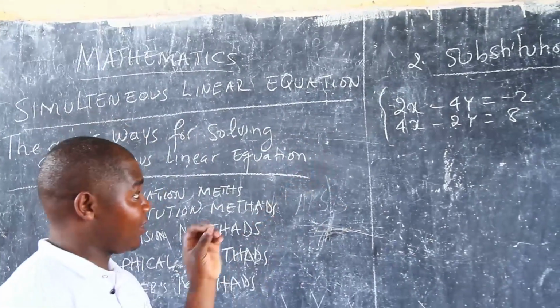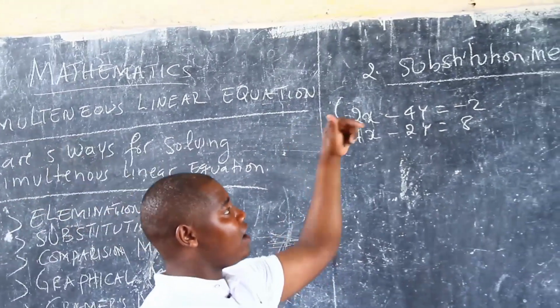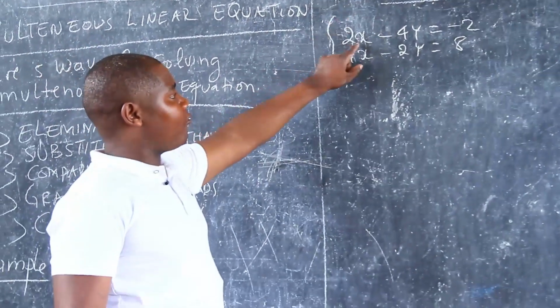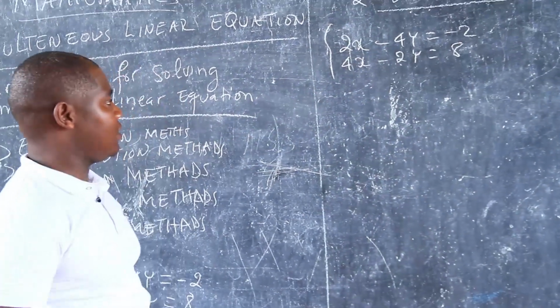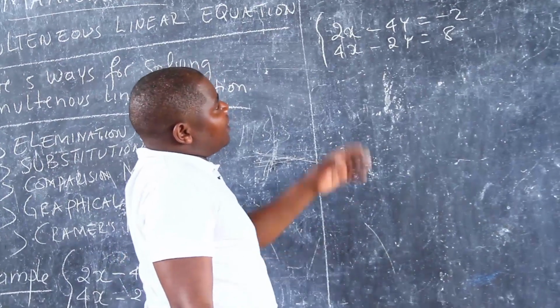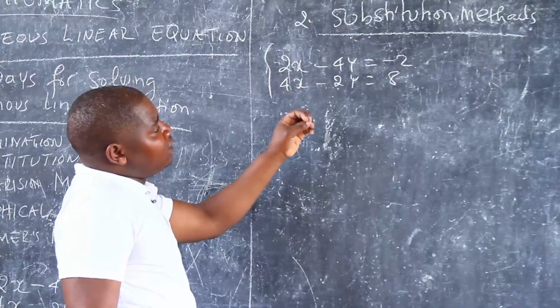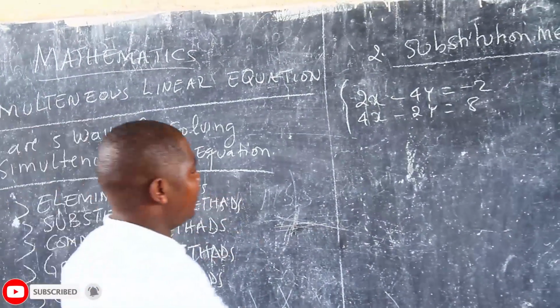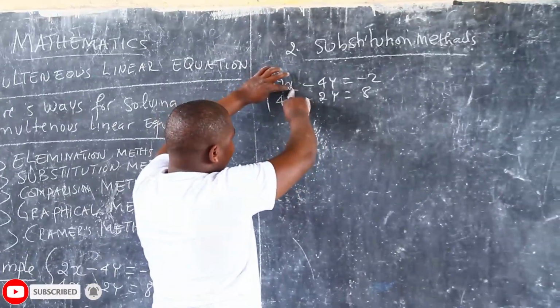The substitution method is another method which can help you to find the value of x and the value of y. What can I do? In the substitution, I'm going to find the value of x first.